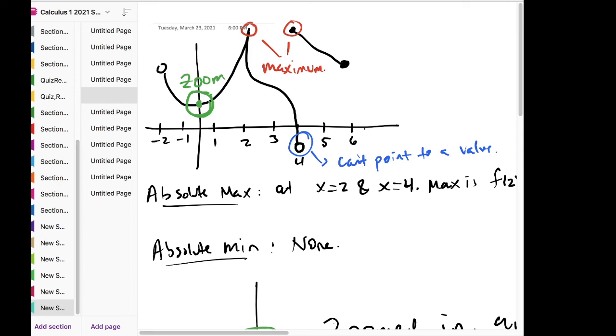Or even at this one? You know, what's going on with the derivative here? Right, it doesn't exist.